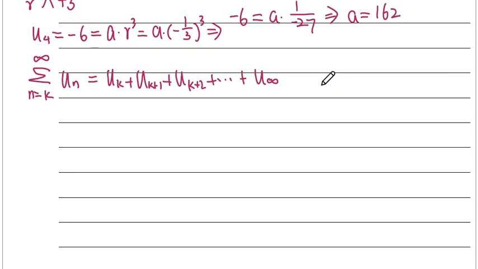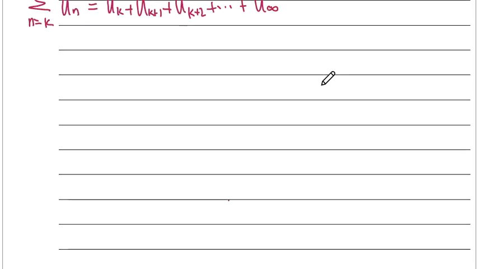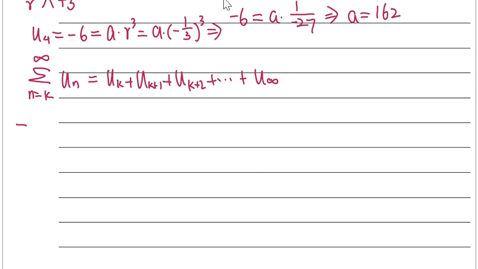Now let's see. I think it can be rewritten as something like this, starting from 1, all the way to what is the term that comes before u sub k? It should be u sub k minus 1, right? So k minus 1.